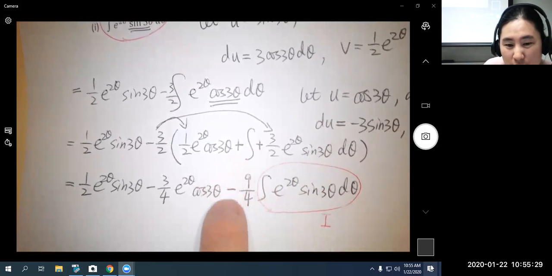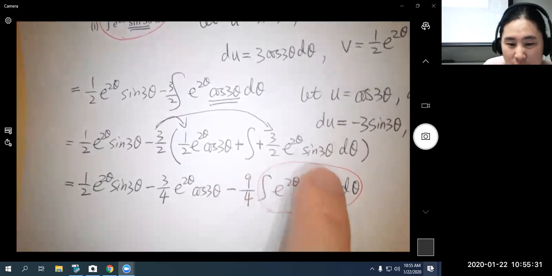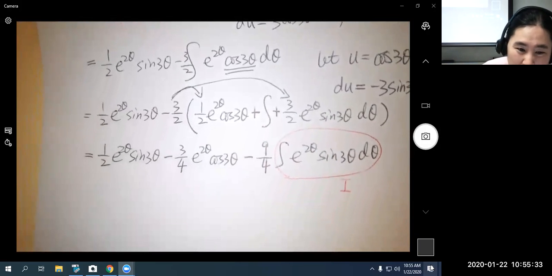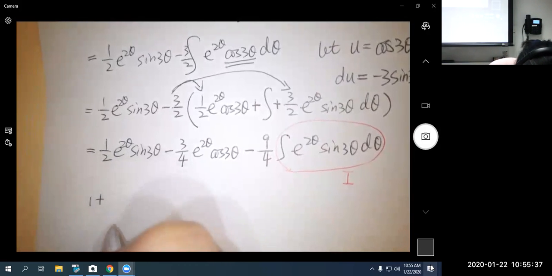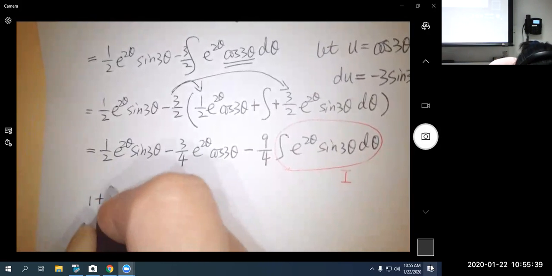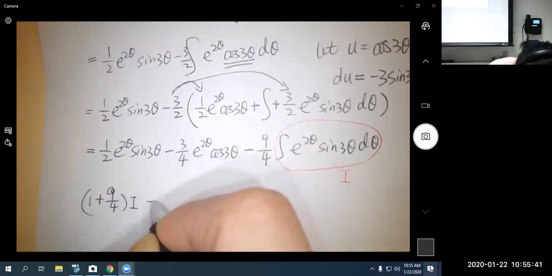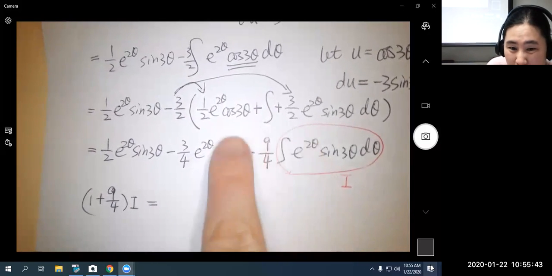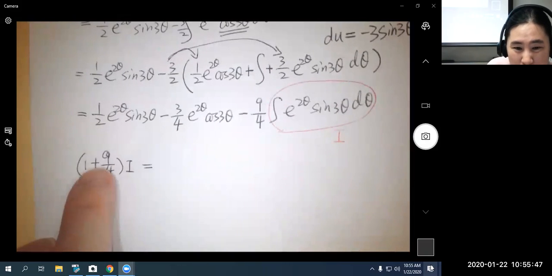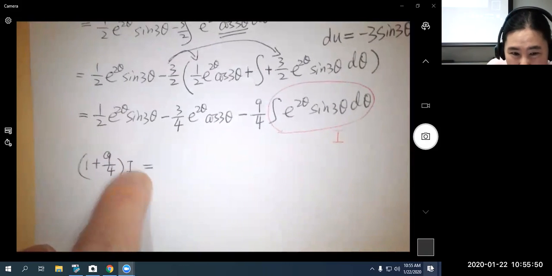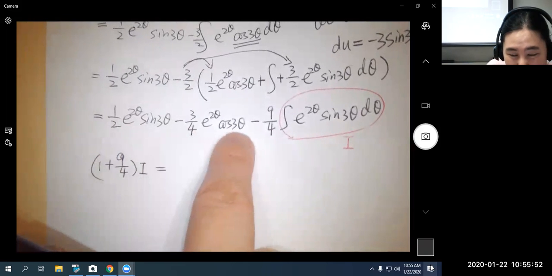We move the 9/4 times I to the other side. It will give us 1 plus 9/4 times I equals this. Do you agree with me? The other side is just I.